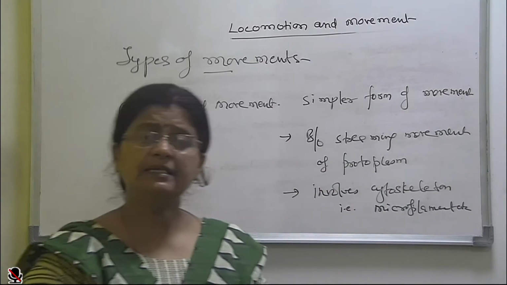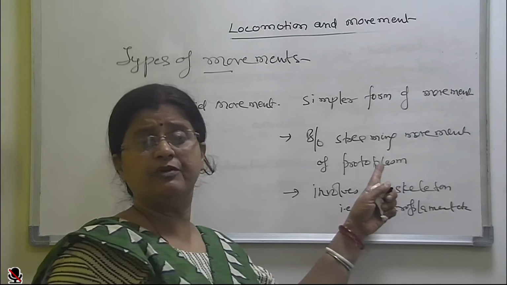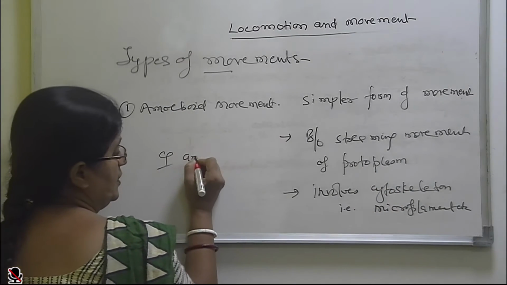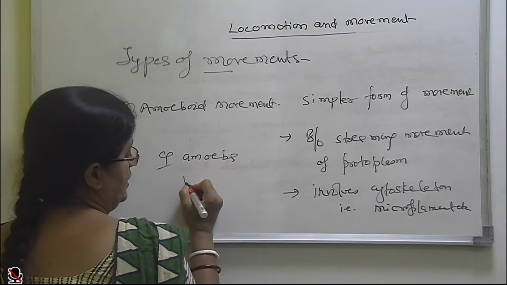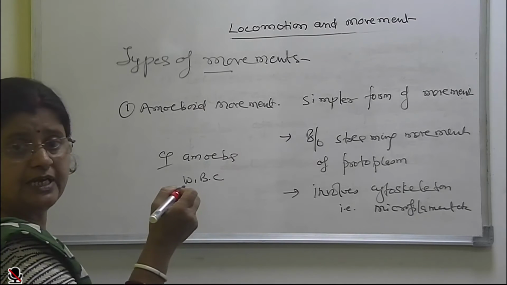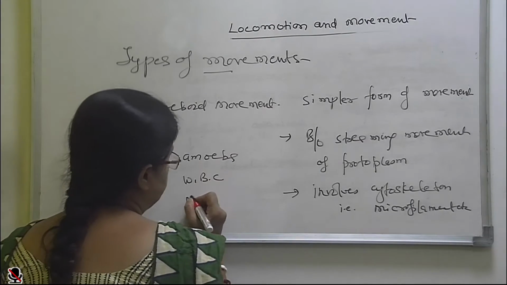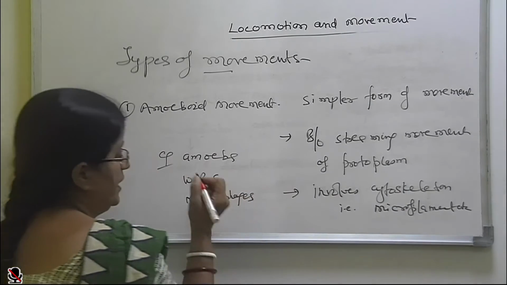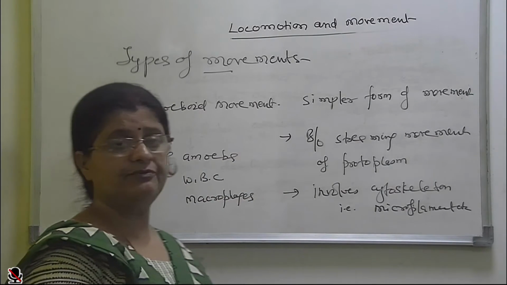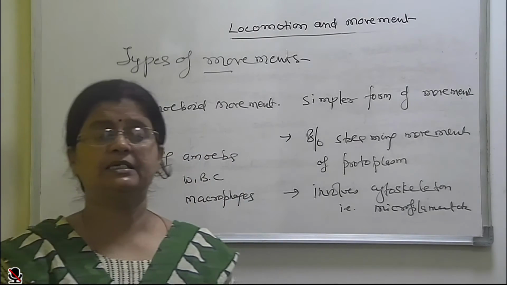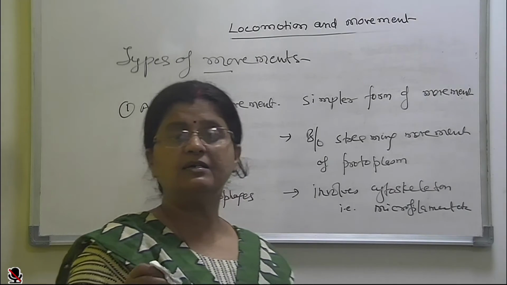Then second, in this type of movement you will find in the amoeba, WBC, that is leukocytes and the macrophages. Yes. So this amoeboid movement is found in amoeba, macrophages, leukocytes that are present in the blood, right?